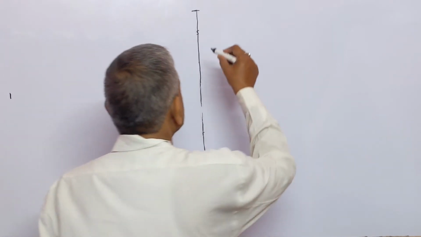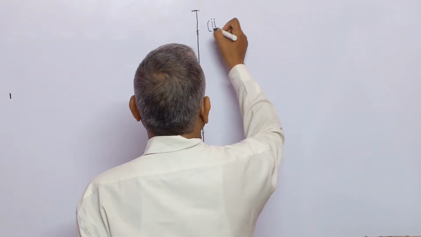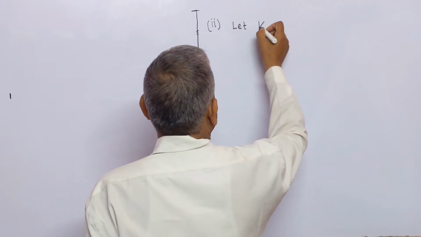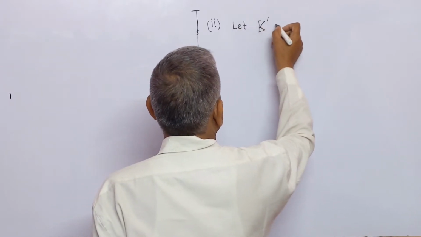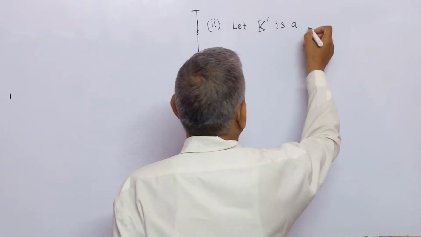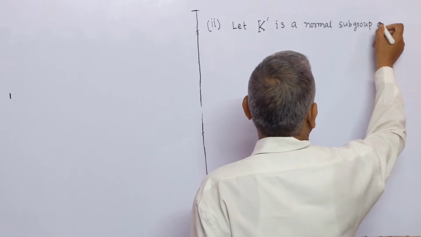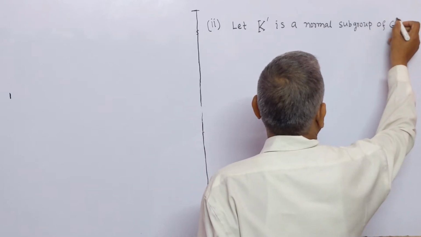Now we prove number 2. Let K' be a normal subgroup of G'.